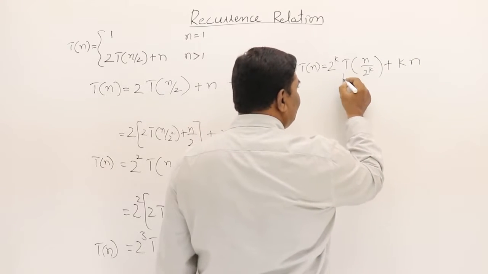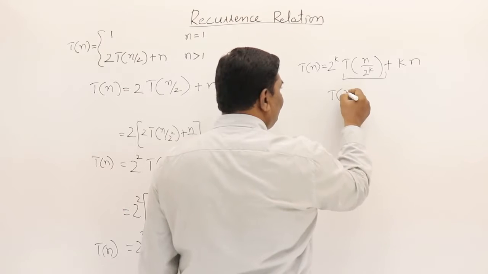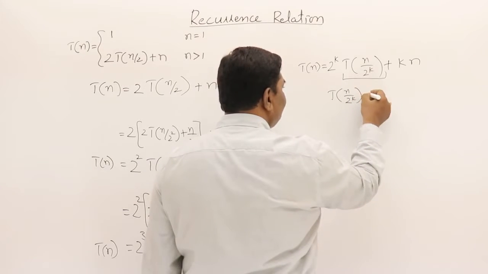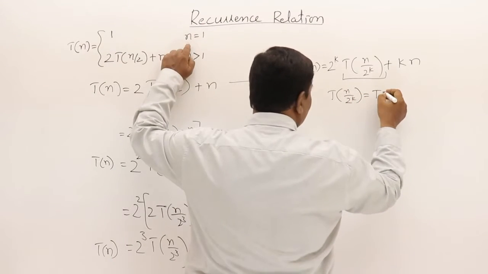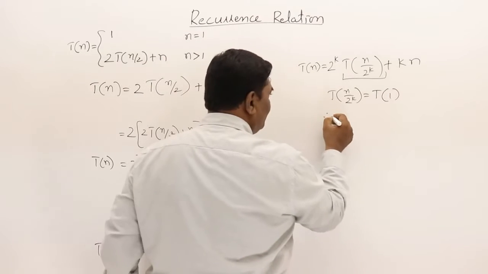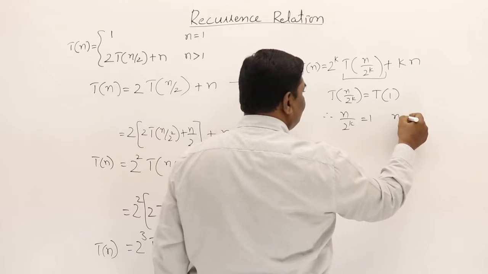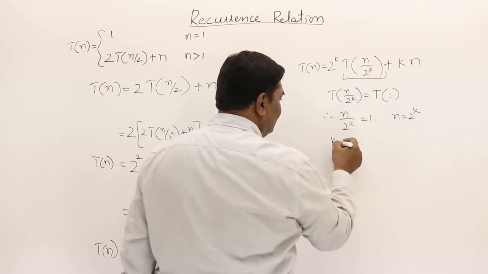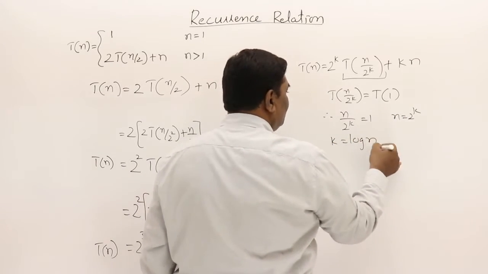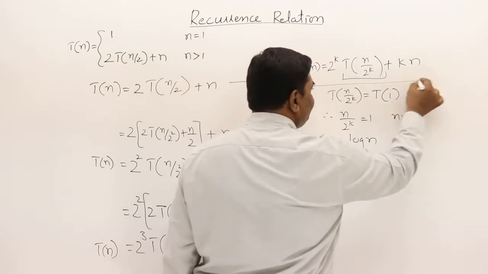And we assume that T(n/2^k) has become T(1). Therefore n/2^k is equal to 1, n is equal to 2^k, and k is equal to log n. This is our assumption.